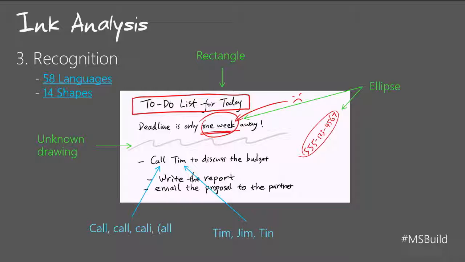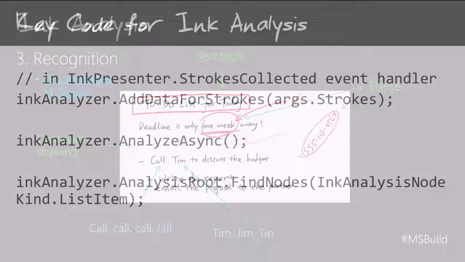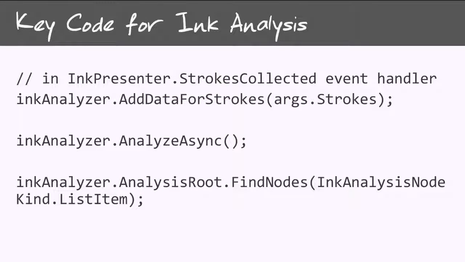And as you can recap from the code that you just saw in Visual Studio, there are only 3 key things that you need to do in your app. First, in the stroke collected event, you pass the same stroke into Ink Analyzer. Then whenever you are ready, you call analyze async.